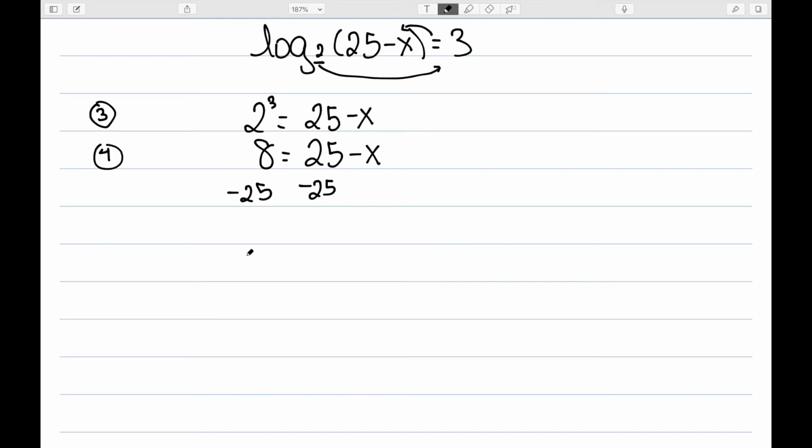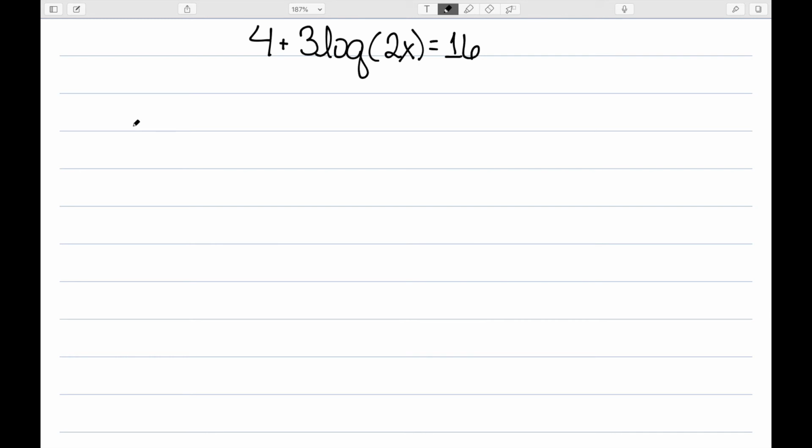Subtracting 25 from both sides gives me negative 17 is equal to negative x, or x is equal to 17. Checking my solution, log base 2 of 25 minus 17 is log base 2 of 8. I don't take the logarithm of a negative number, so this is my solution.